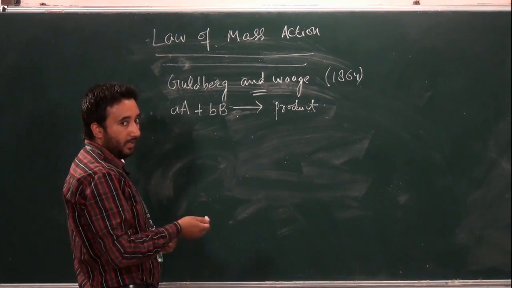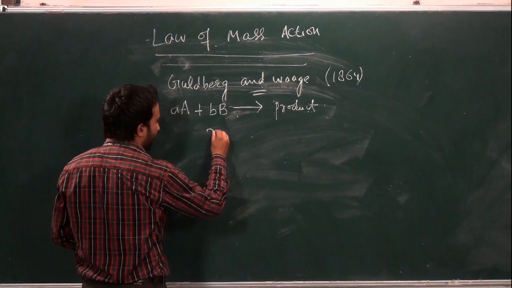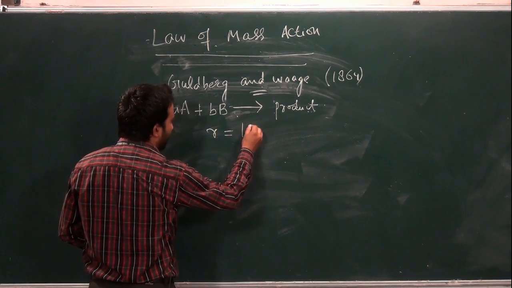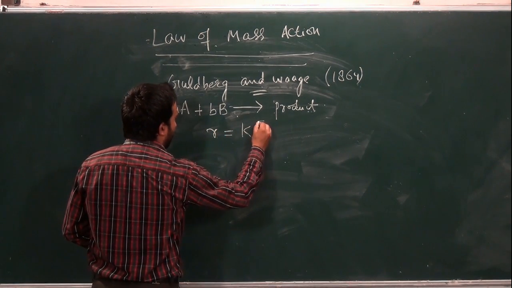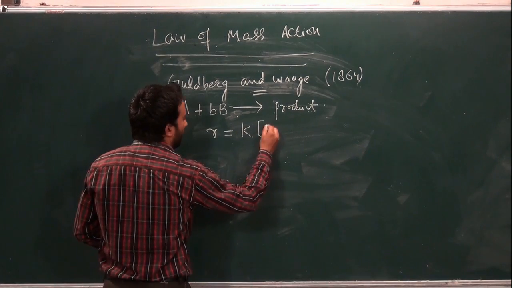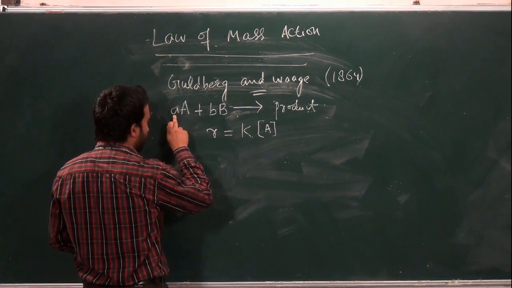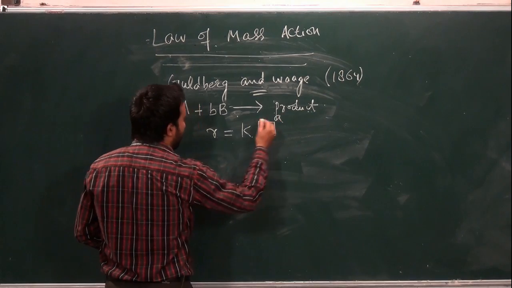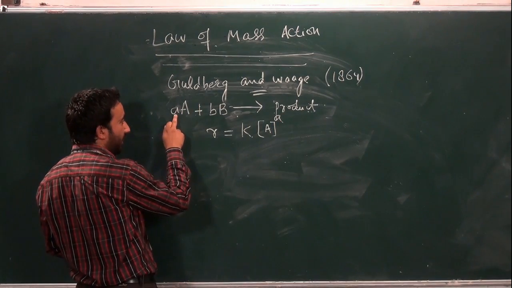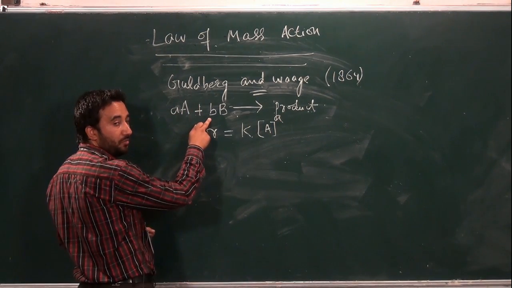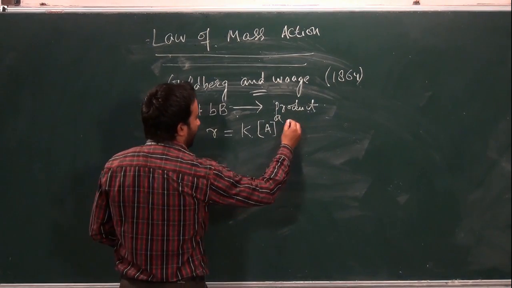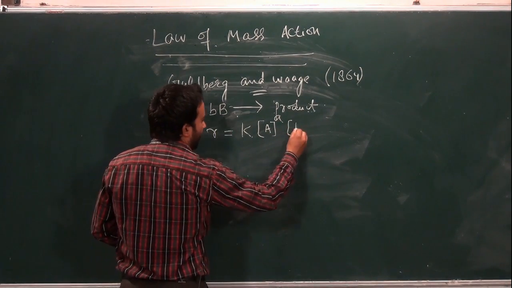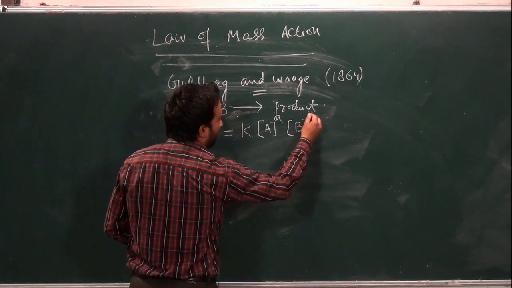Then, as I have shown you, the rate of reaction will be given by the rate constant, K, times the molar concentration of A raised to power a, the stoichiometric coefficient. Small a and small b represent the stoichiometric coefficients, into capital B raised to power small b.